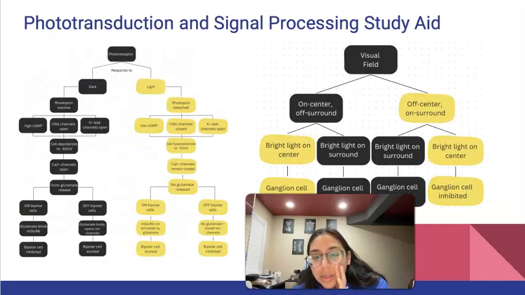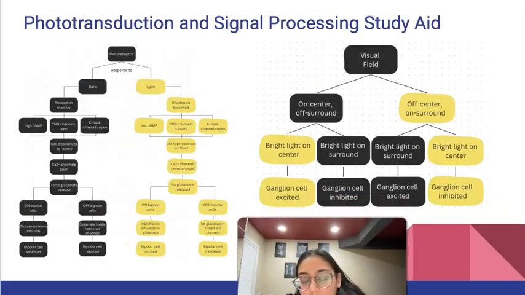And here is just a study aid that I made because I had trouble myself with the concept of the on-bipolar cells, the off-bipolar cells, and the on-center and off-surround ganglion cells. So just to follow this flow chart, we have a photoreceptor. If it responds in the dark, we have an inactive form of rhodopsin.